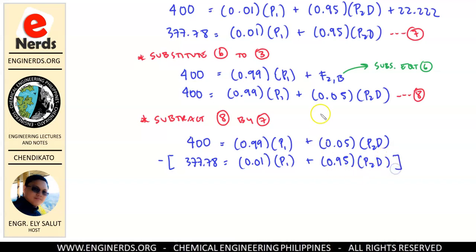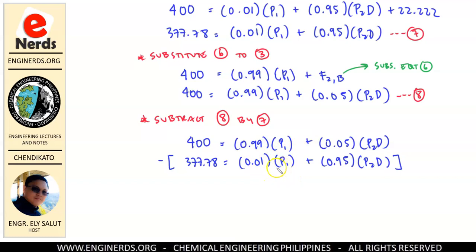Now, you have to decide how are you going to proceed with this type of equations. How are you going to eliminate one of the variable? Kasi pwede mong eliminate yung P1, pwede mo ring eliminate yung P2D. In this case, I'm going to choose eliminating P1. And to do that, kailangan itong ating subtrahend dito maging 0.99 din ang value. So, therefore, I have to multiply this by 99. Eh, hindi naman pwedeng basta ko na lang i-multiply by 99.